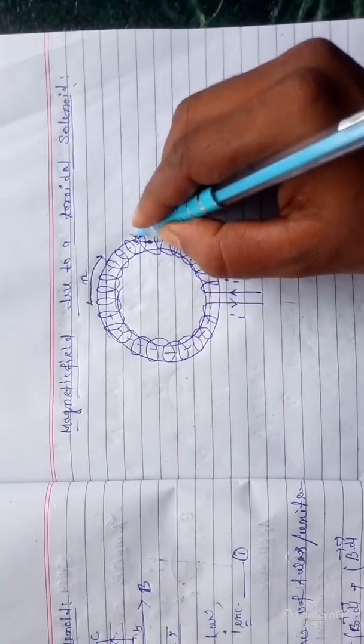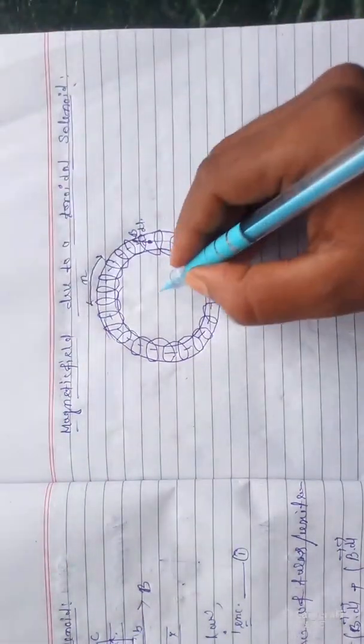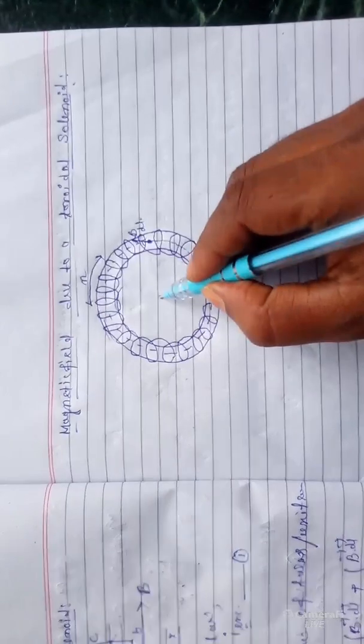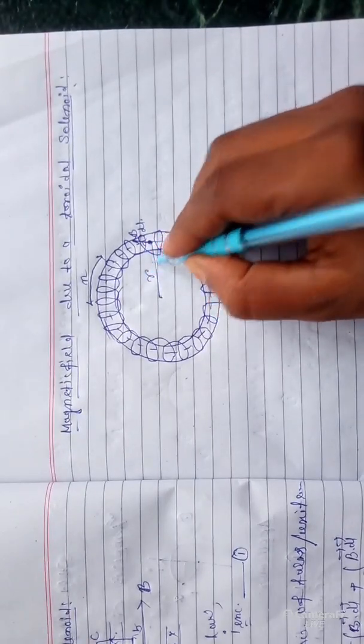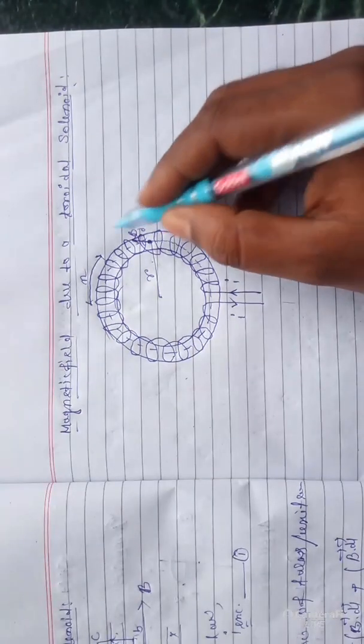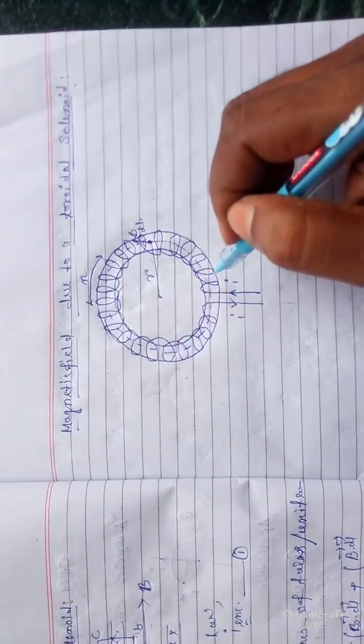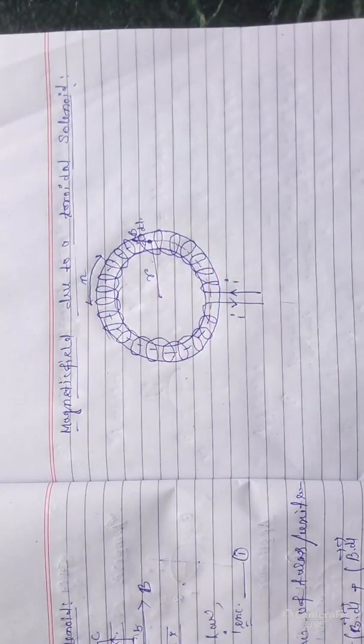The direction of the magnetic field will be along this, and dl is also along this. What is the distance from the center? Same value mu naught nI will come, but you have to understand what the value is in this case. Here the closed loop will be circular, as all the turns are enclosed by this closed loop.